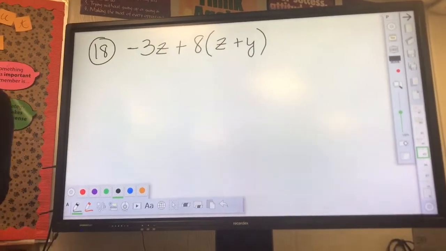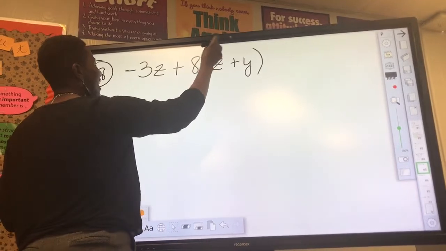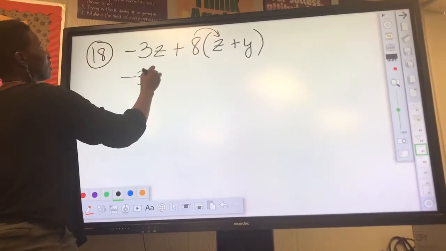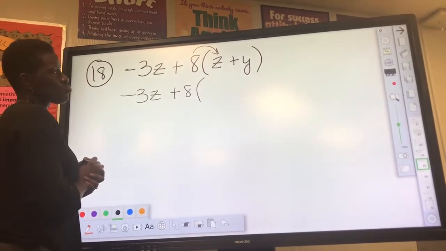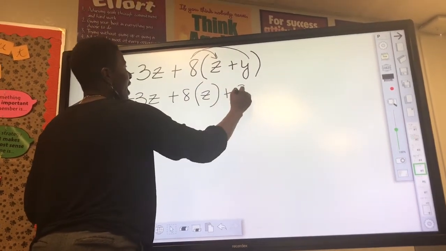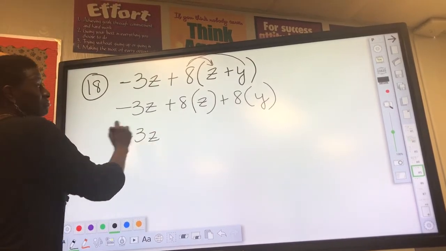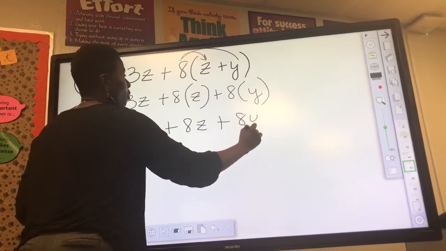So I see addition and I see multiplication. Which one am I going to do first? Multiplication. So the way I'm going to get rid of these parentheses is I'm going to distribute this positive 8. So I'm just going to bring this down, negative 3z. And now I'm going to have a positive 8 times what? z. And then I'm going to have a positive 8 times y. So now I have negative 3z plus 8z plus 8y.